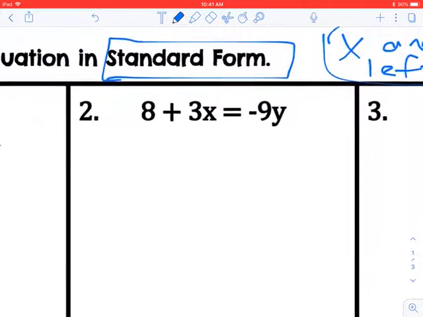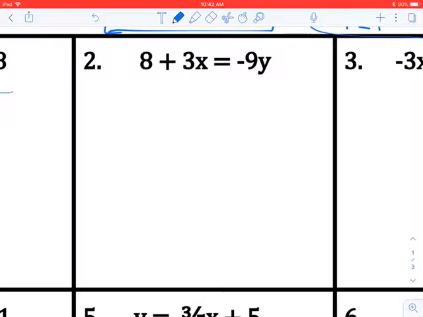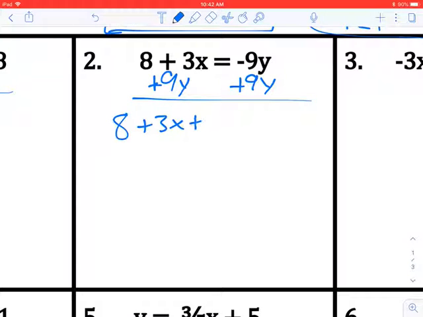So same thing here. I need to get x and y on the left side. So x is already over there, but I need 9y to be over there as well. So in this case, what I need to make sure of is not only am I getting 9y over there, but here I'll just write 8 plus 3x plus 9y equals, and then nothing's left over here, so it's just 0.